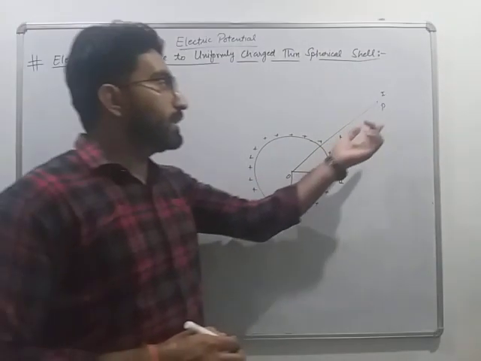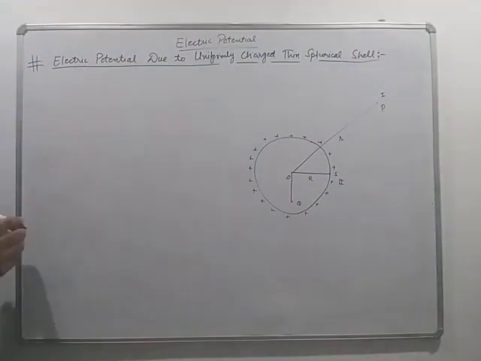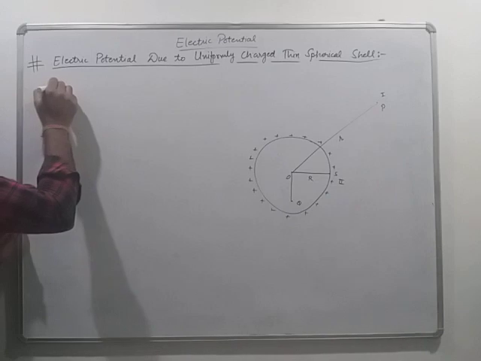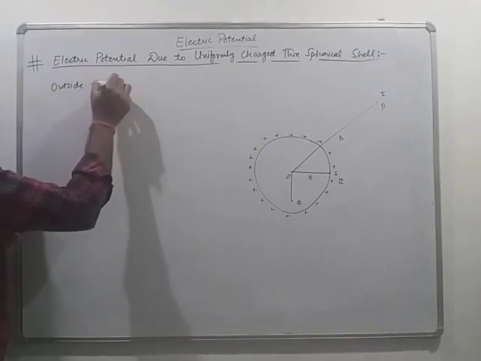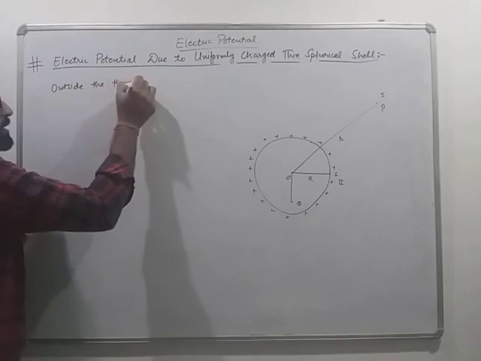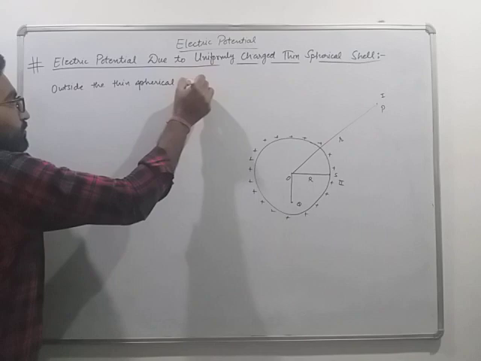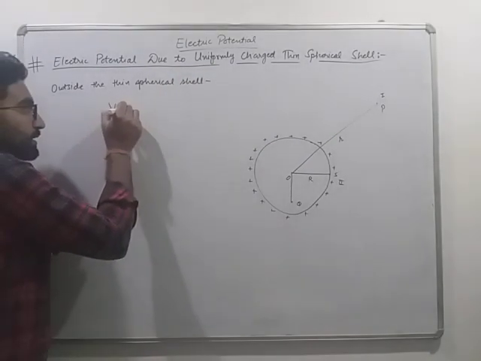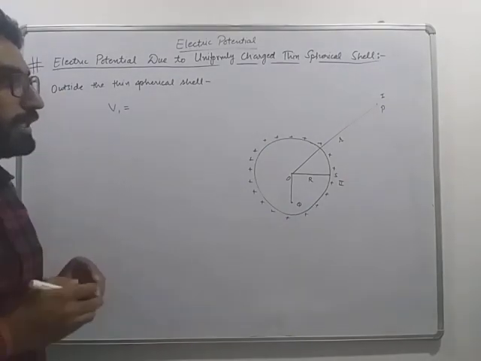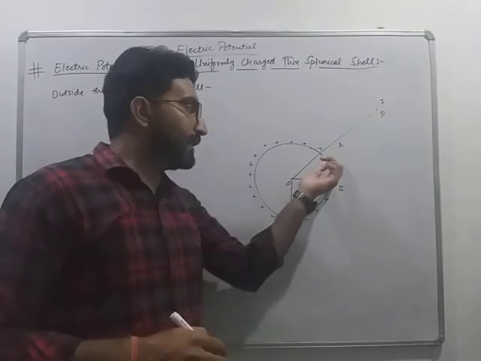Firstly, we will find the electric potential at point P, which is outside the thin spherical shell.